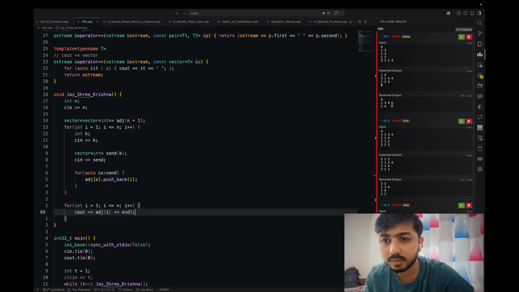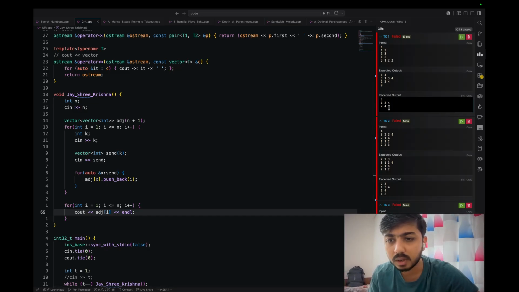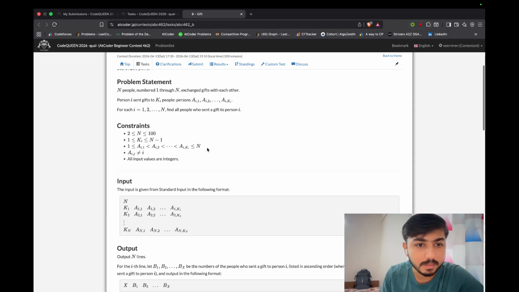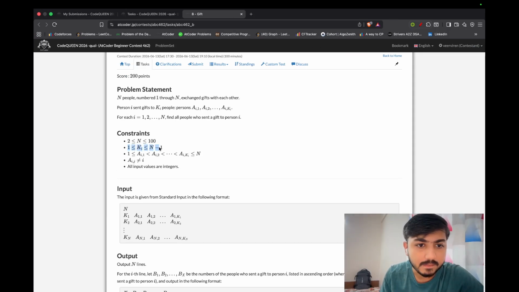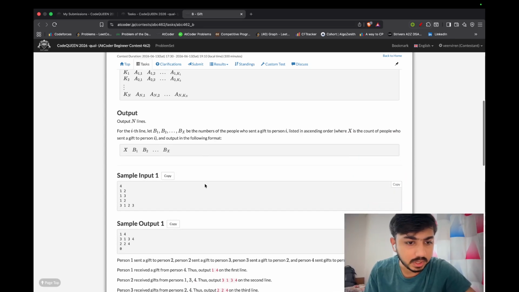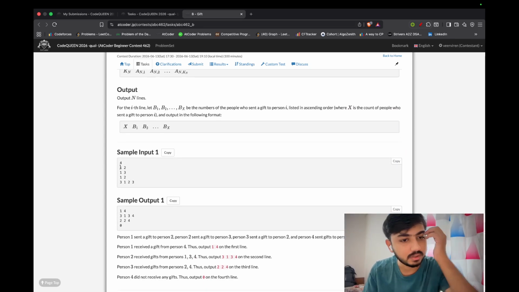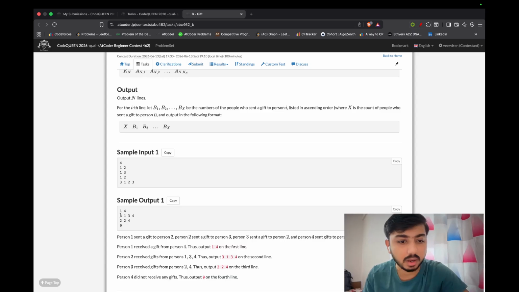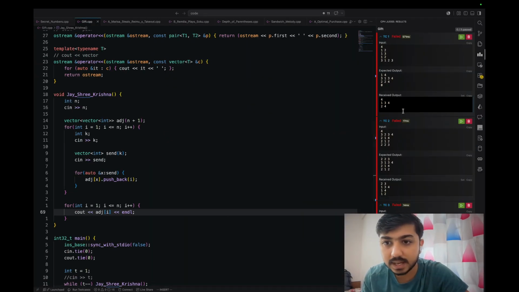413. Wait a minute. It's zero based. No, it's not zero based, right? The person one sent a gift to 2. Okay. Got it. We actually print the size and then this.